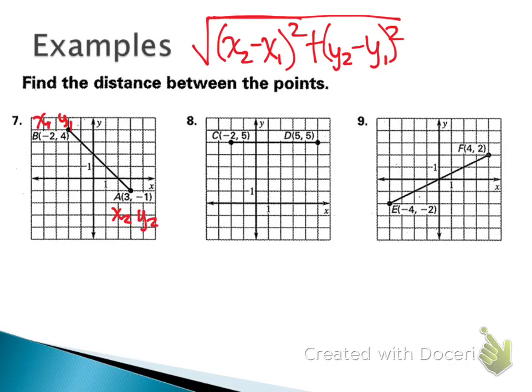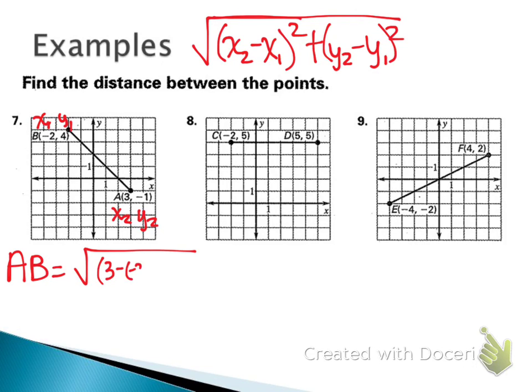All right, let's talk about number 7. To set this one up, I would have that the distance between A and B is equal to the square root of, if I labeled my points the way that I did with my x1, y1 at point B, x2, y2 at point A, but when I plug mine in, it's going to be 3 minus negative 2.